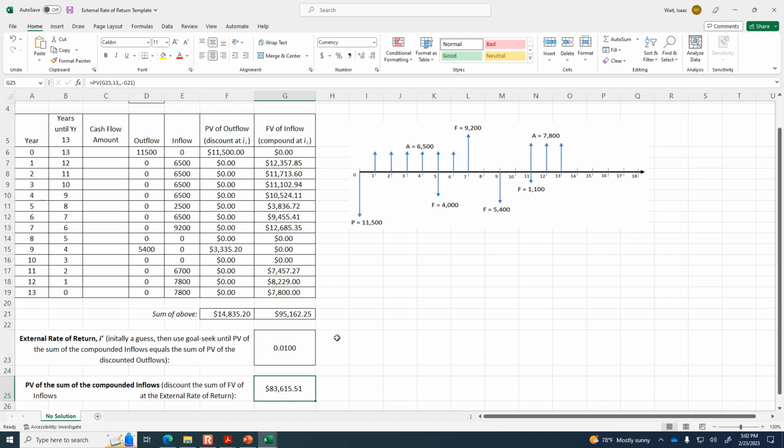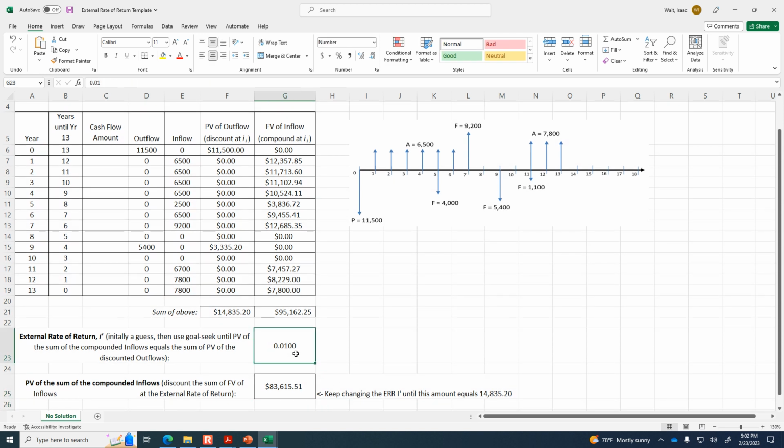And so our objective is keep changing the external rate of return, I prime, until this amount equals 14,835 and 20 cents.